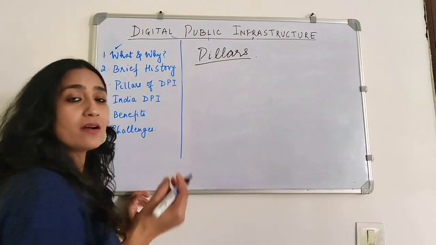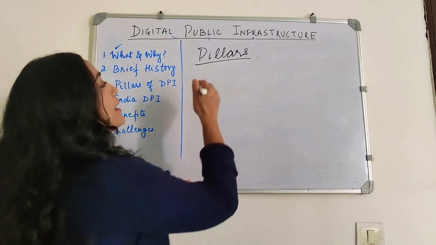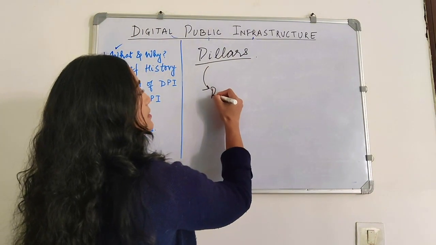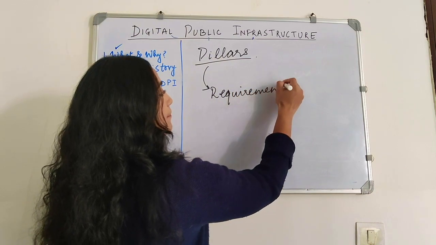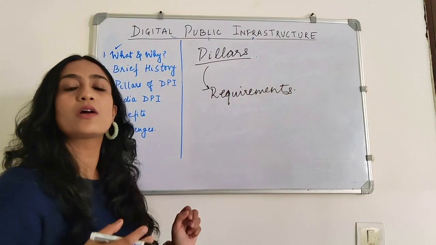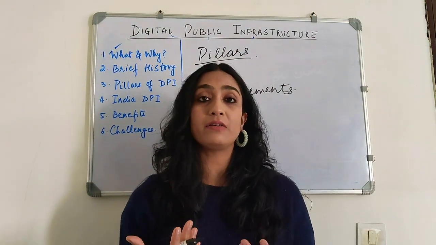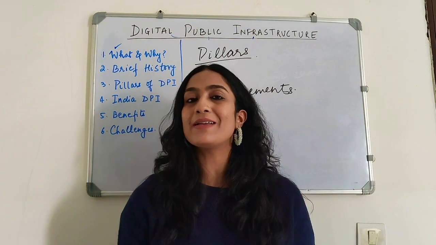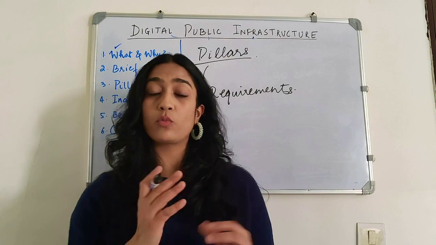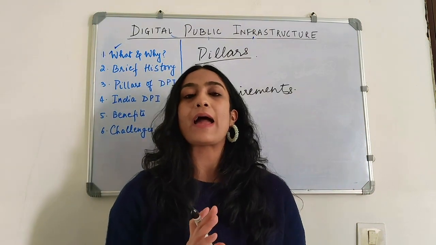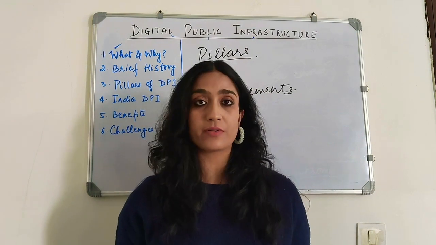To understand the pillars, or to appreciate the pillars of DPI, let us reverse engineer and start from the requirements. Requirements, what? The things that we would like an infrastructure to provide, so that things are more efficient, things are more equitable, and there is more inclusivity, so that there is better utilization of the resources.